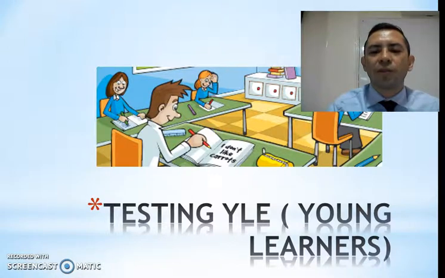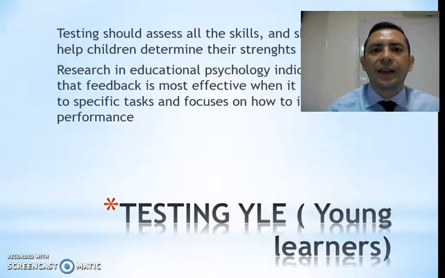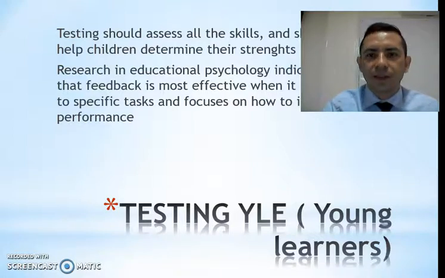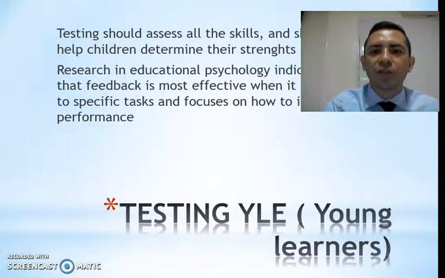When testing young learners, it is important to remember that testing should assess all the skills and should help children to determine their strengths. Research in the education of psychology indicates that feedback is most effective when it relates to a specific task and focuses on how to improve performance.